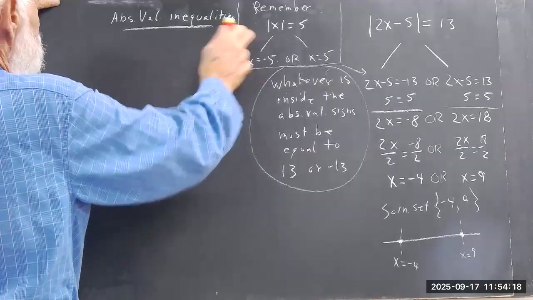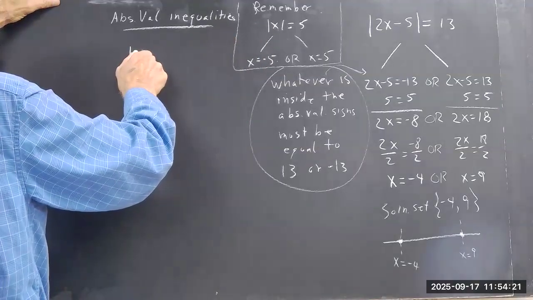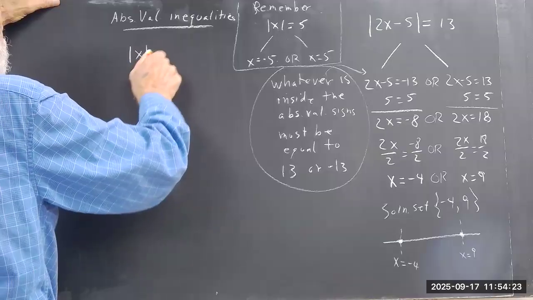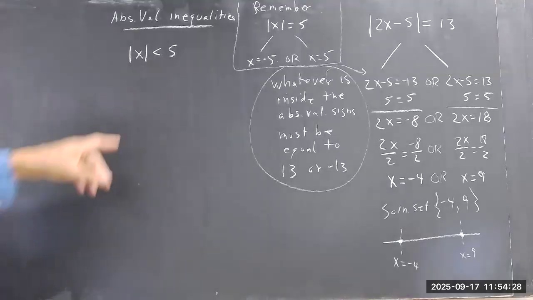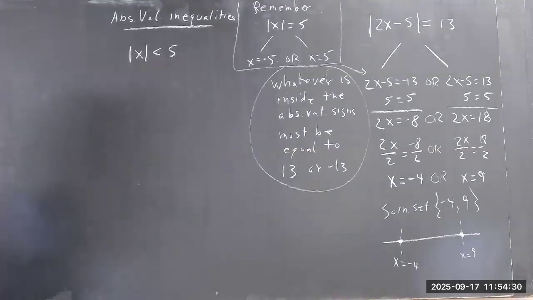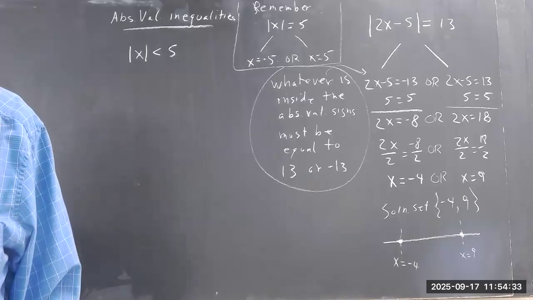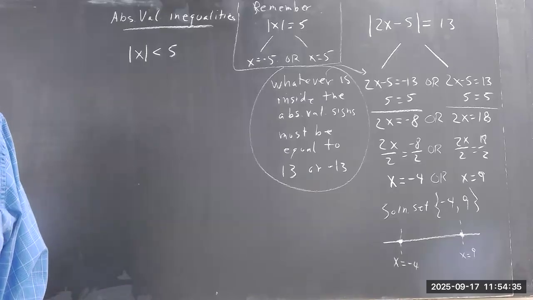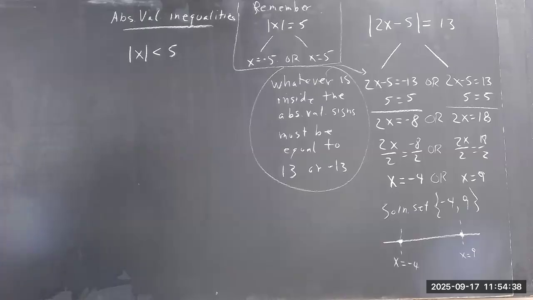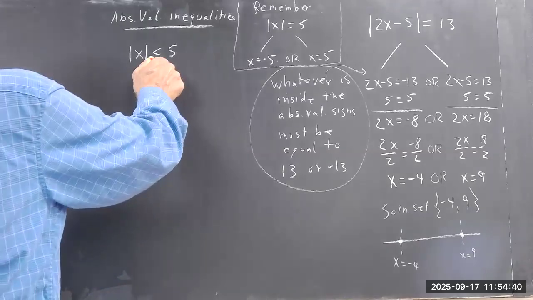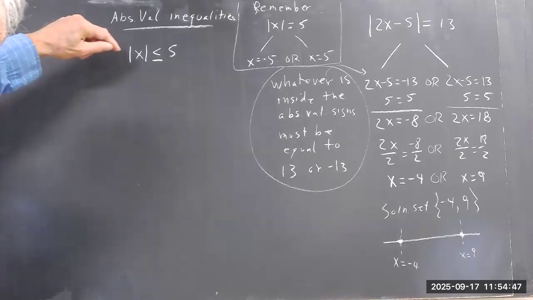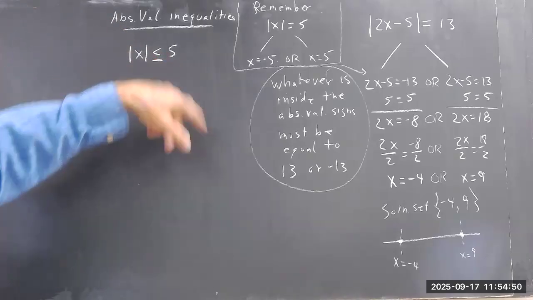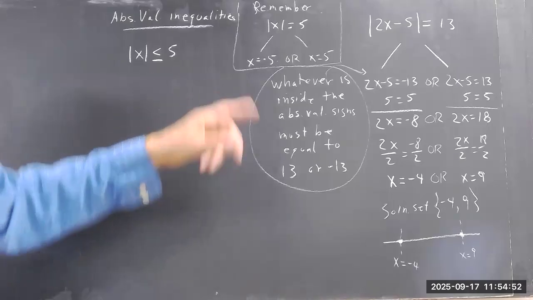Since we just started our study of inequalities with x equals 5, the absolute value of x less than 5. Now it's an inequality. And I'm going to write actually less than or equal in this case. So in the first place, this is true if x is equal to negative 5 or 5, right? Because it's less than or equal.